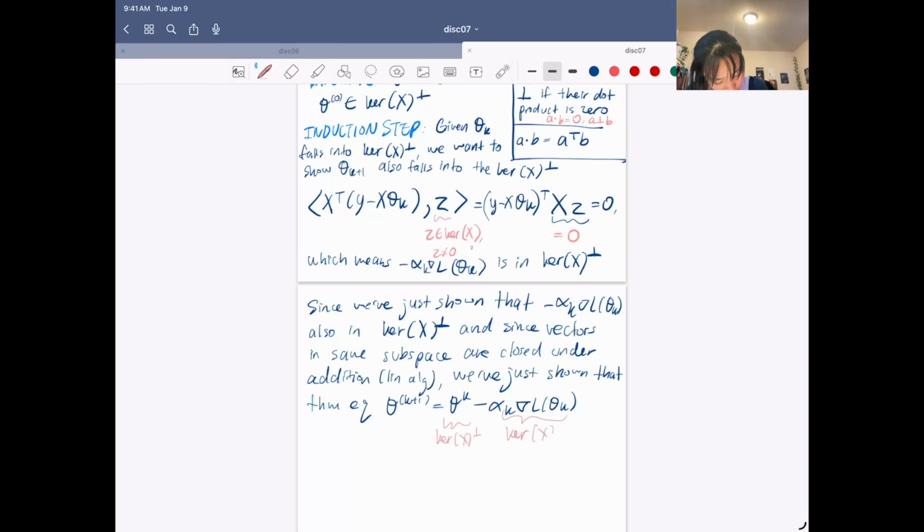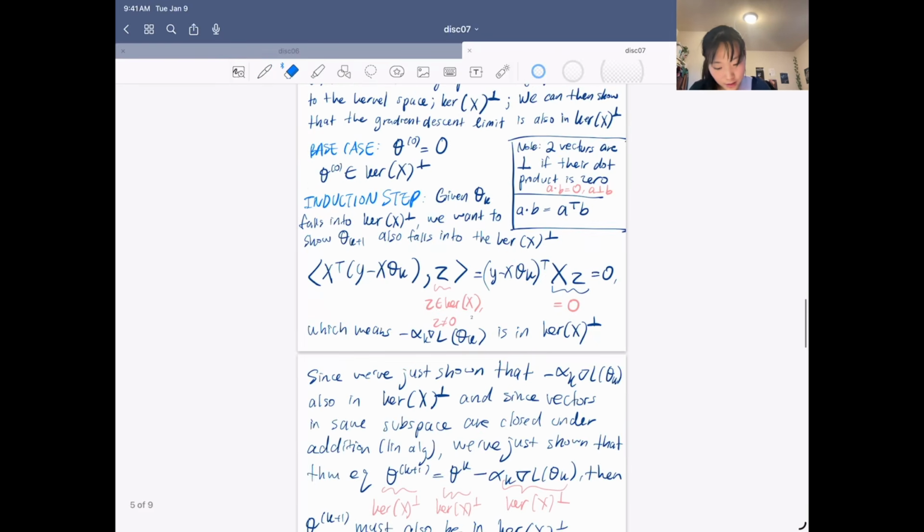We've just shown this is the case, so this guy must also fall into it. Then theta k plus 1 must also be in the perpendicular kernel space.